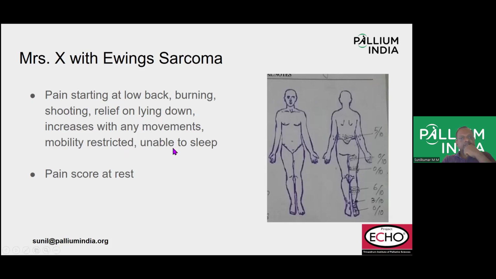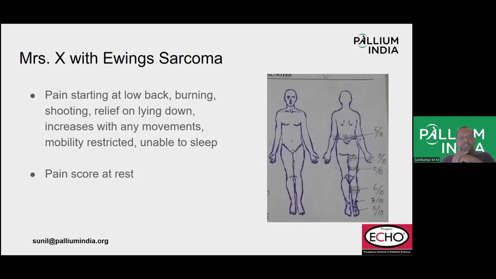It is a burning and shooting pain. And she gets some relief on lying down, but it increases on any movement. So she was staying on the first floor of a building, and she was literally restricted to the bed in a particular room. She was unable to move because any movement will cause severe pain. So this is the pain score at rest.